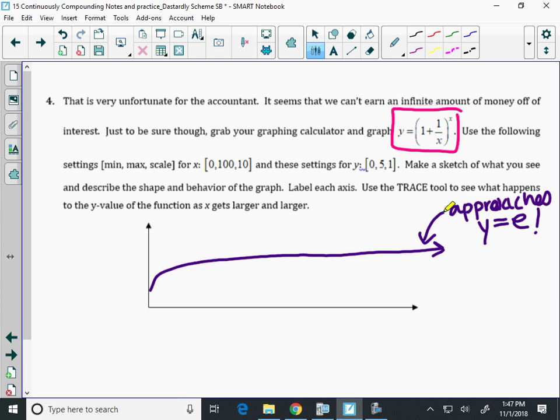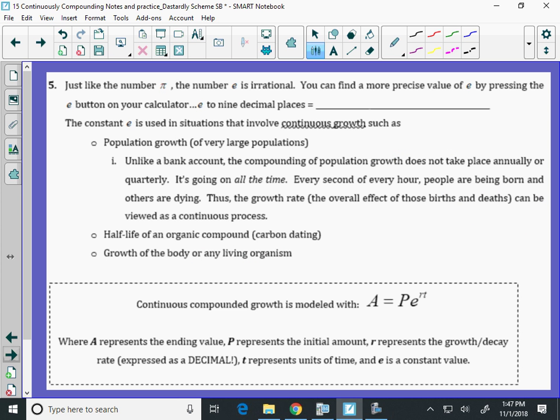So let's finish up here. Just like the number pi, e is irrational. That means it doesn't stop. We can't write it as a fraction. If we evaluated e to 9 decimal places, it would look like this: 2.71828, and it would just go dot, dot, dot.